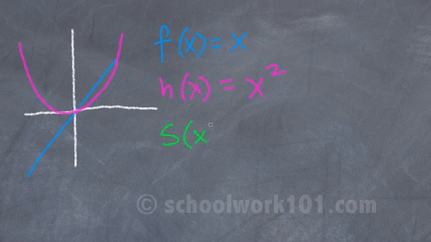We'll call this one s of x, and this is going to be x cubed. So if I see x cubed, this green curve represents x cubed. So this is the graph of x cubed.